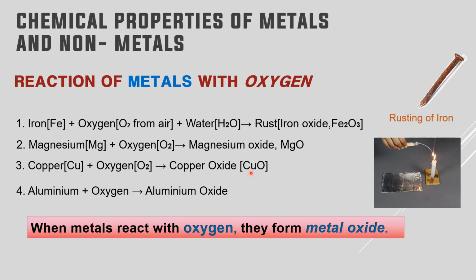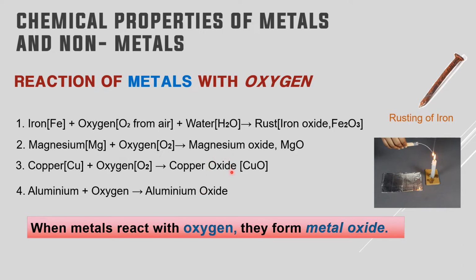That is a black color substance. Copper oxide is black in color. So that is also one example of the reaction of metals with oxygen. And the fourth example: aluminium plus oxygen gives aluminium oxide. Aluminium is represented as Al, oxygen is O2, and aluminium oxide is Al2O3. So that is also an oxide.